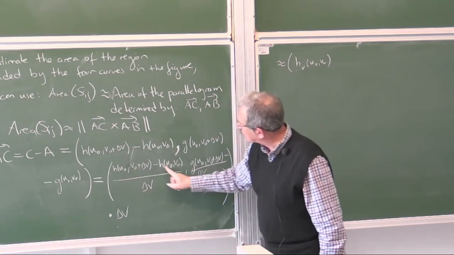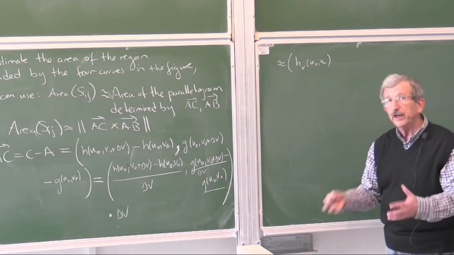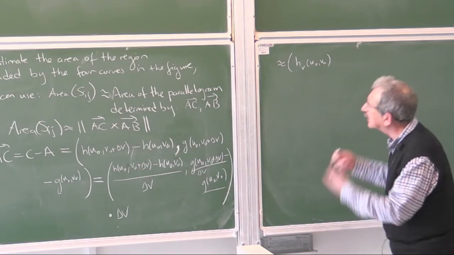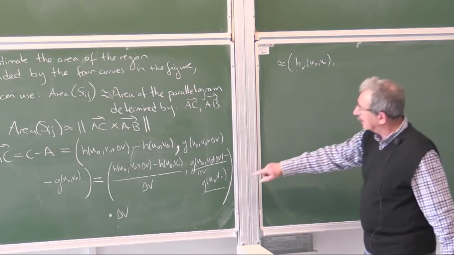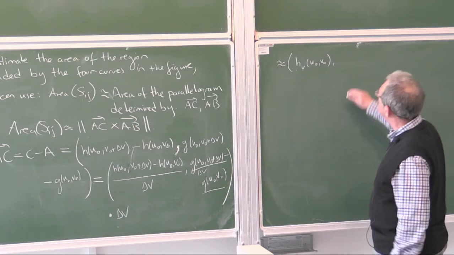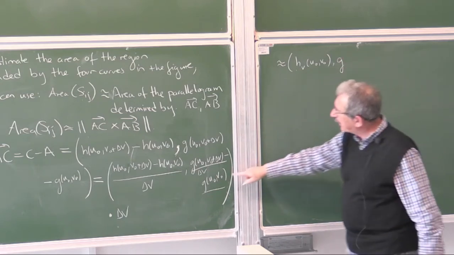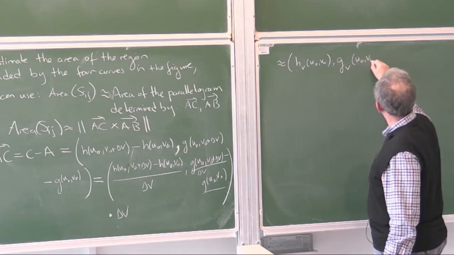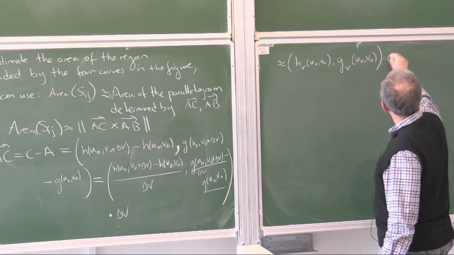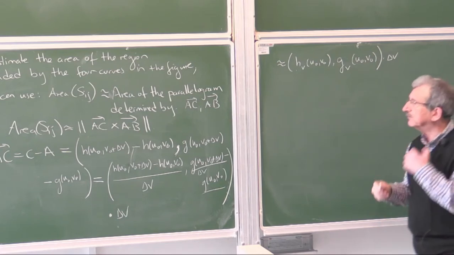The first component is constant, only the second changes, so it's the derivative of h with respect to the second variable, which is v in our case. And this one, by similar argument, would be g with respect to v at u0, v0, times delta v. So this is the vector if we approximate it using derivatives.